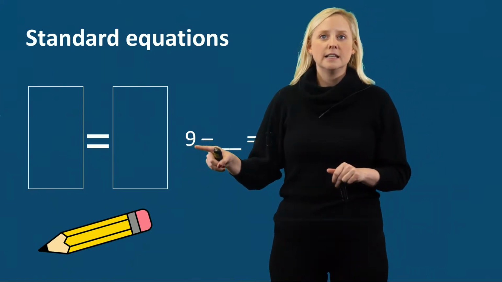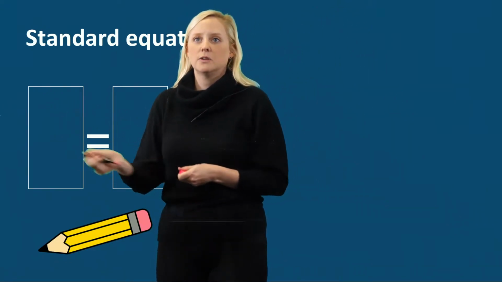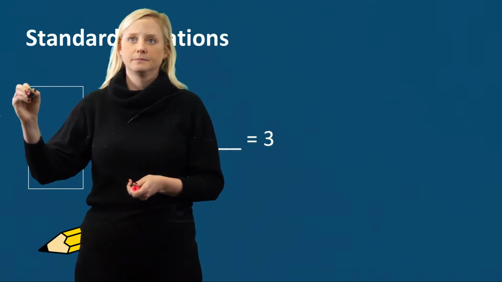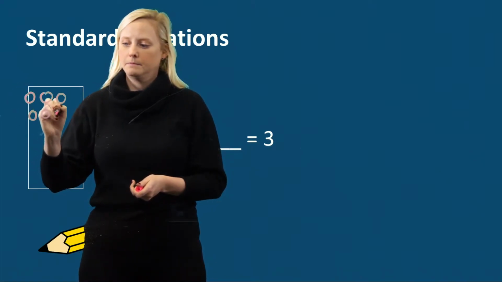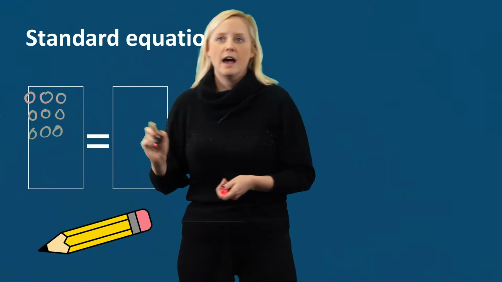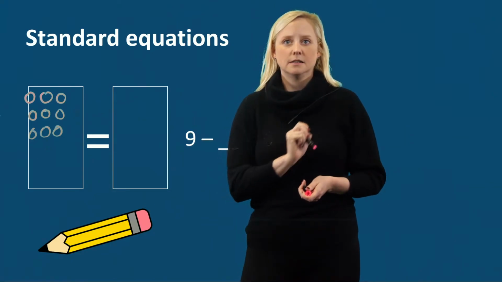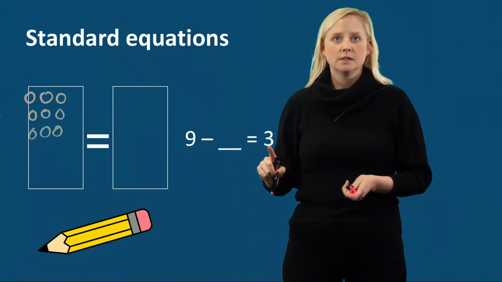So here I see that I have 9. So what I'm going to do is draw 9 circles in this box to represent the 9. I have 9 circles in this box. Then on the right side of the equal sign I see a 3.